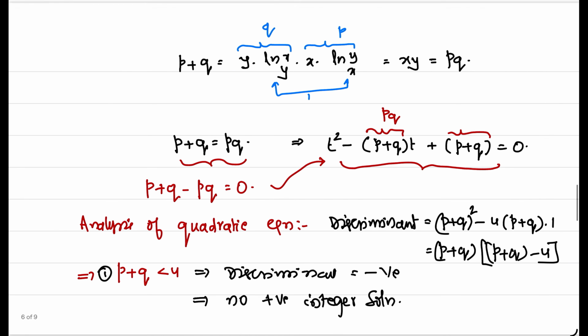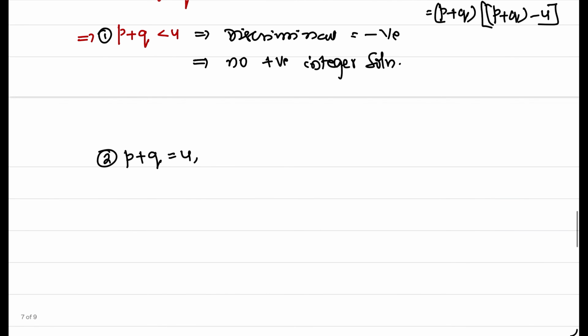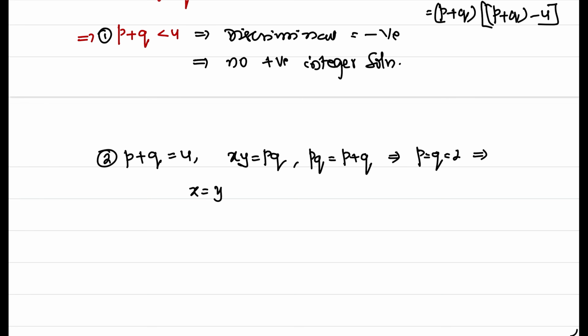When P plus Q is equal to 4, then xy is equal to PQ, and PQ is equal to P plus Q. That has P is equal to Q is equal to 2. That implies x is equal to y is equal to 2. That solution exists.